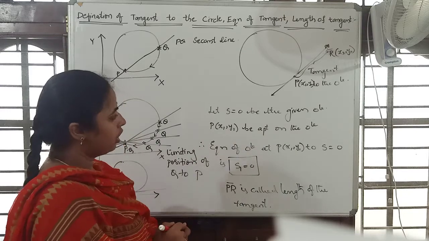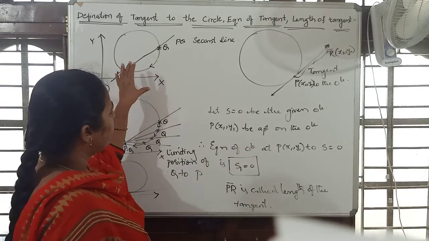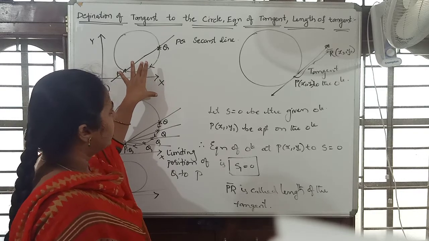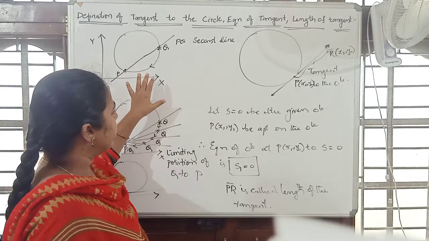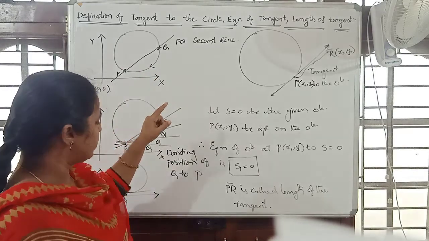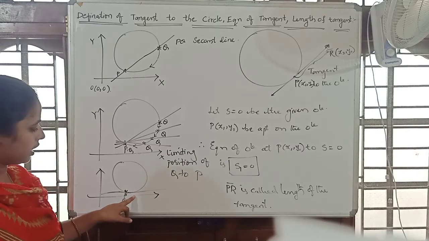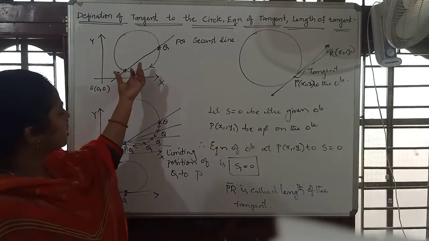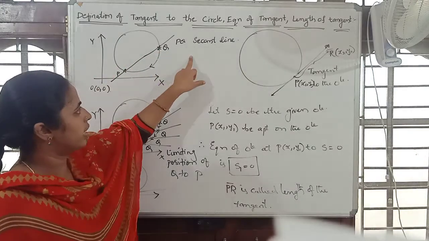So here we got 3 points. One is how we can know the tangent to the circle. Tangent is nothing but a line which touches the circle at one point. If it touches 2 points, that is a line passing through 2 points, it is nothing but a secant line.